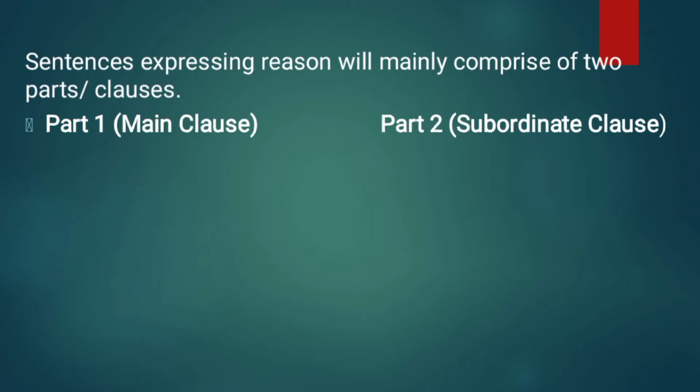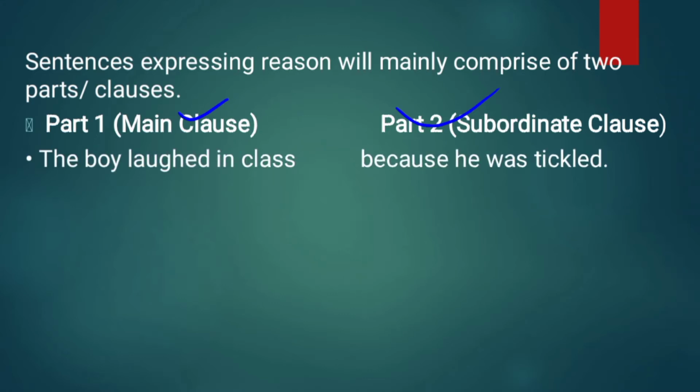Now, these sentences have got two clauses or two parts, let me say. Part 1 that contains what happened is called the main clause. Whereas the part 2 that consists of the reason is called the subordinate clause. So main clause and subordinate clause. Now look at these examples.